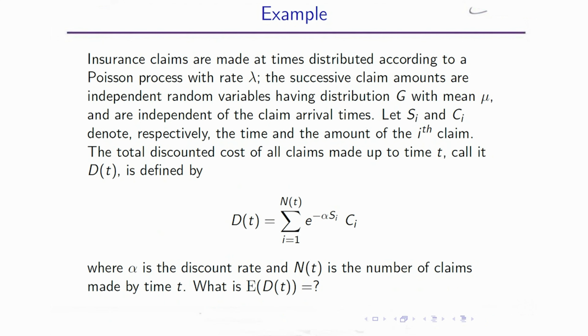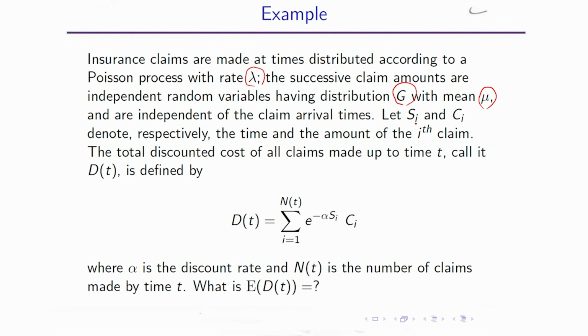Another example: insurance claims are made at times distributed according to a Poisson process with rate lambda, and the successive claim amounts are independent random variables having distribution G with mean mu, and are independent of the claim arrival times.